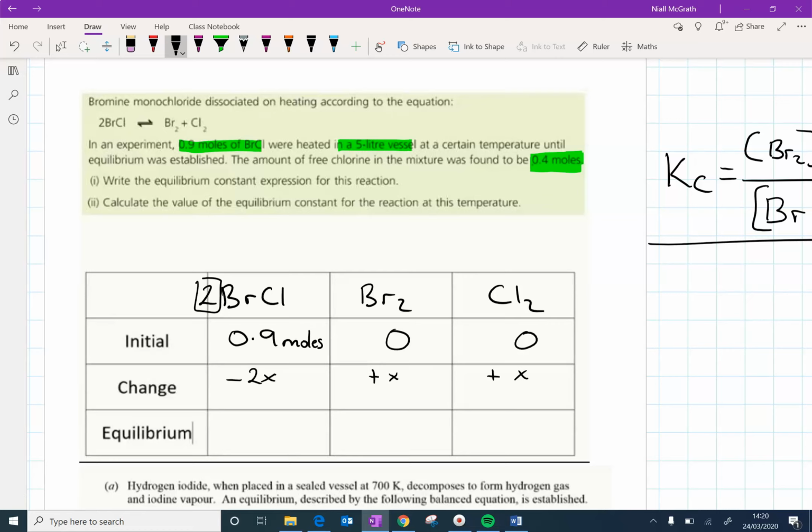And it says the amount of free chlorine in the mixture was found to be 0.4 moles. So that's the amount of chlorine you have at equilibrium. That is pretty clear as your figure for x, because you're going from 0 to 0.4, so x is 0.4. Same here.